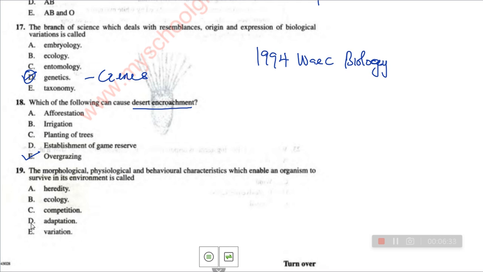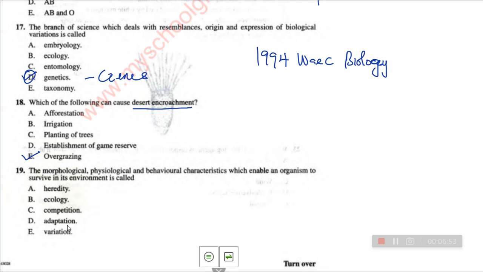Option D, adaptation. Adaptation is the ability of an organism to live successfully in a particular habitat due to its appearance, structure, and behavior. It is the process whereby an organism tries to adapt. Maybe the condition is not favorable, but it has to adapt, it has to withstand it.